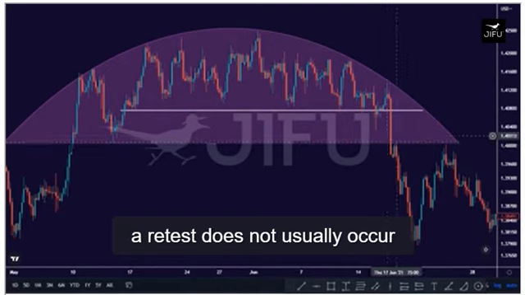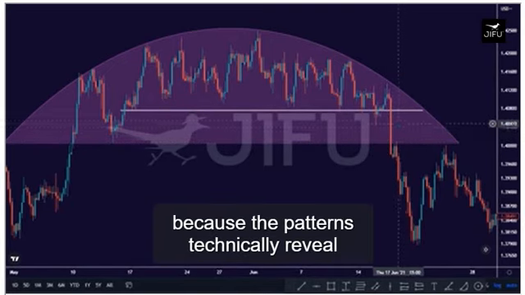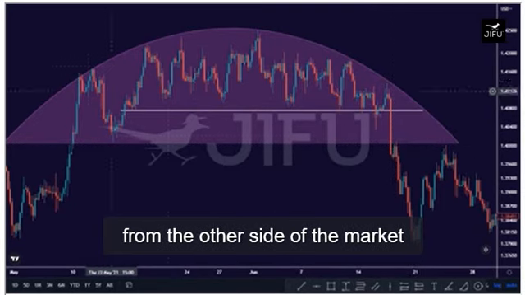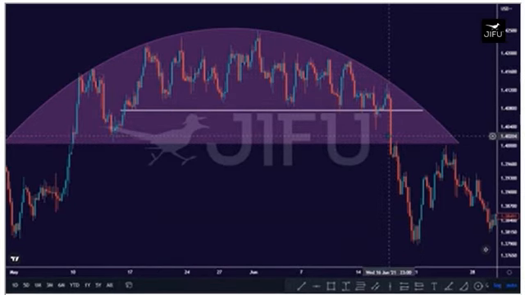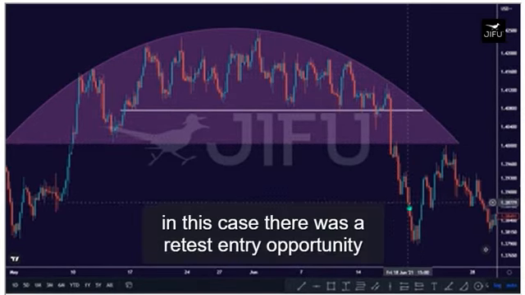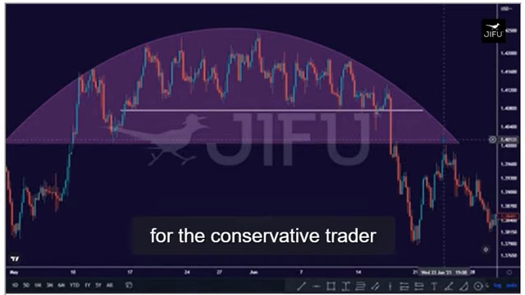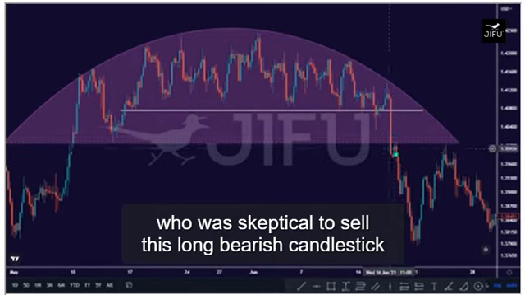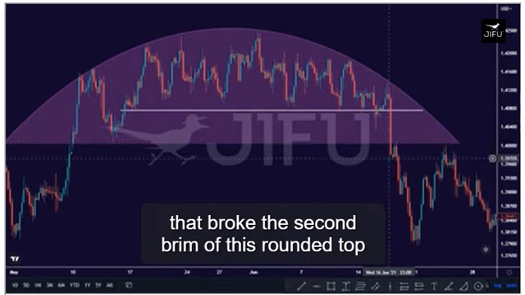A retest does not usually occur because the pattern technically reveals the switch of market strength to the other side of the market. In this case, there was a retest entry opportunity for the conservative trader who was skeptical to sell this long bearish candlestick that broke the second brim of this rounded top.